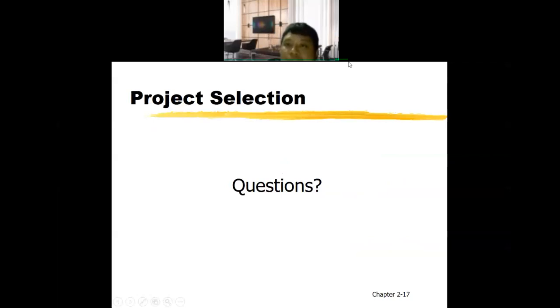Do you have an experience in project selection? So anyone? Anyone from industry? Do you have any experience for project selection or in project management?